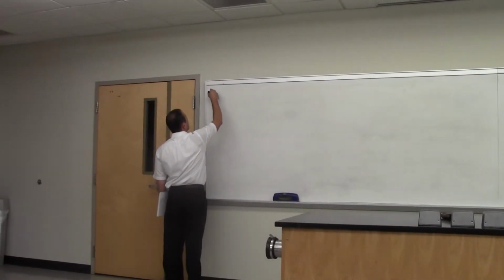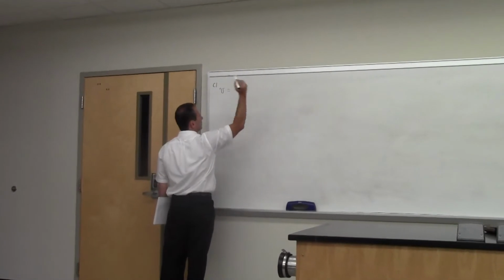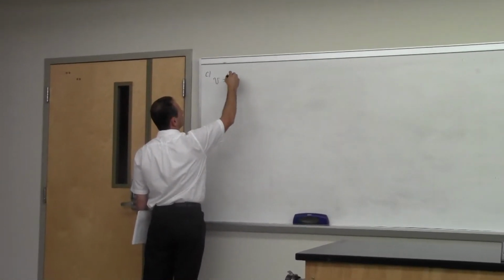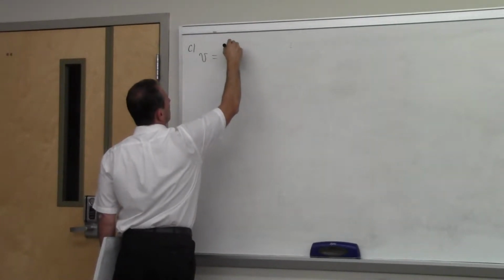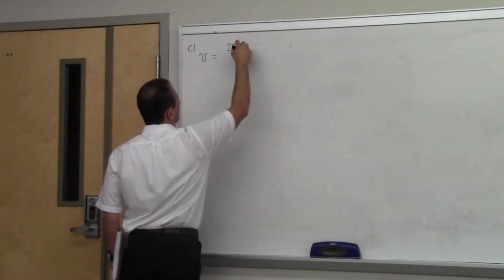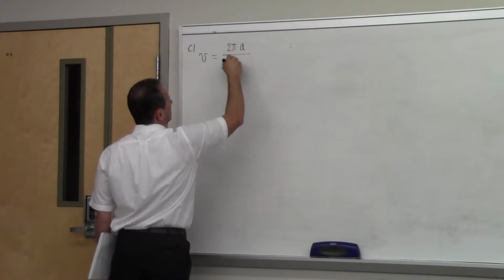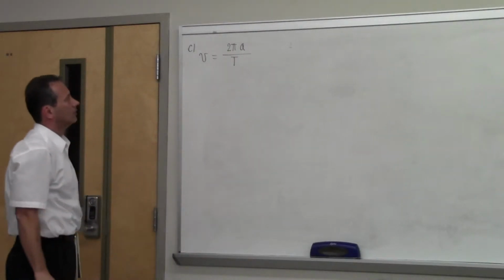Linear velocity, so that's our v, is going to be equal to the length of the path, which is going to be 2 pi times a, and then divided by the period of the orbit.